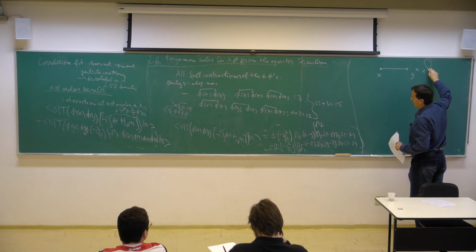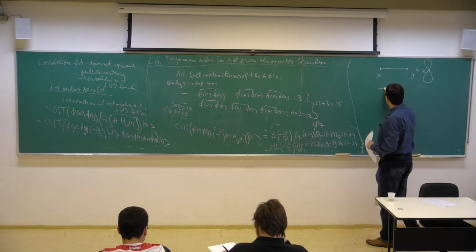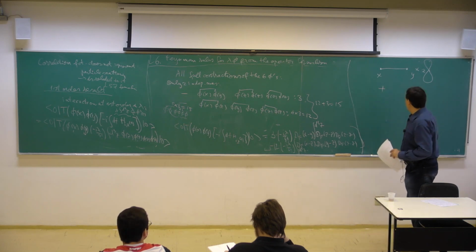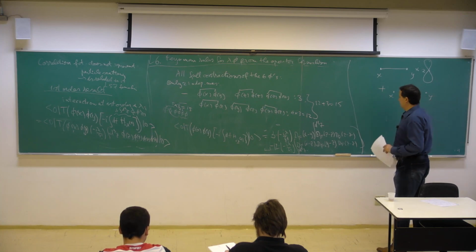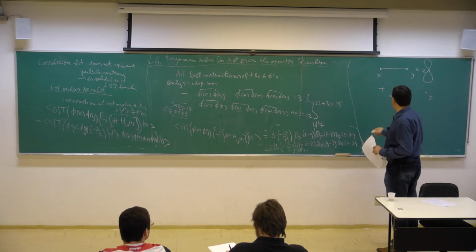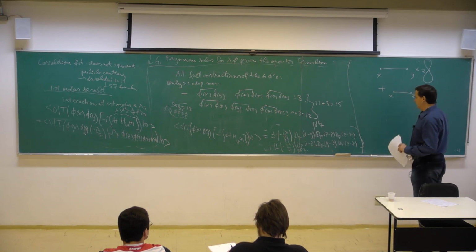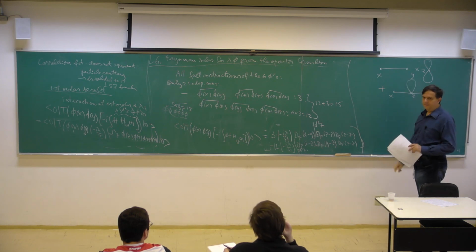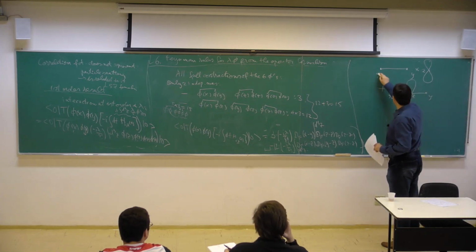It has 1 propagator from z to z and another from z to z, right? And then in the second term, I go from x to this z to be integrated over, and then from z I go to y, and I also have another propagator from z to z, right? So this is my second term.